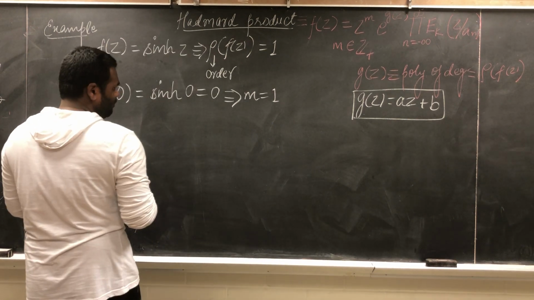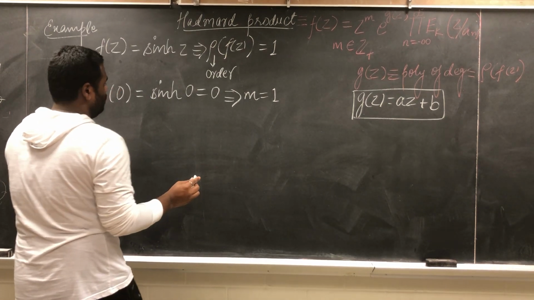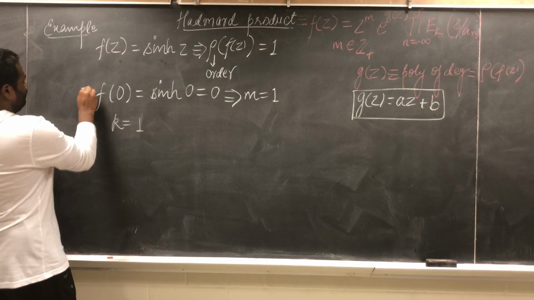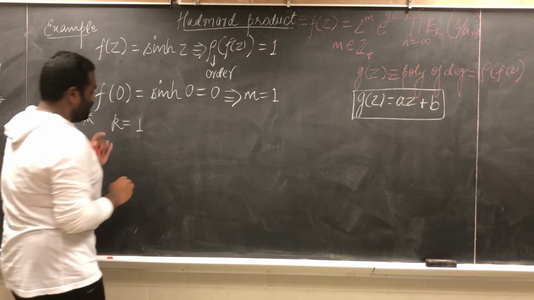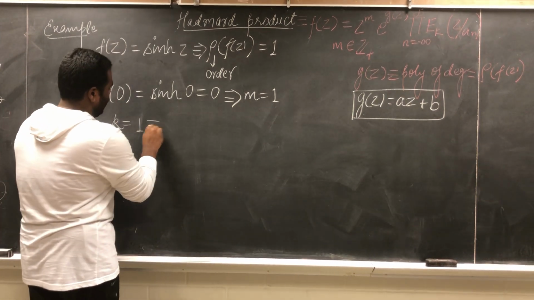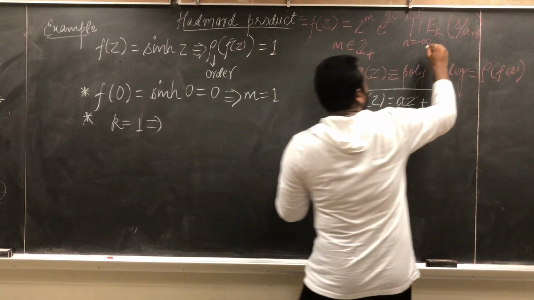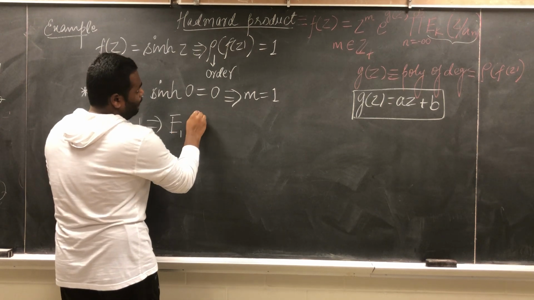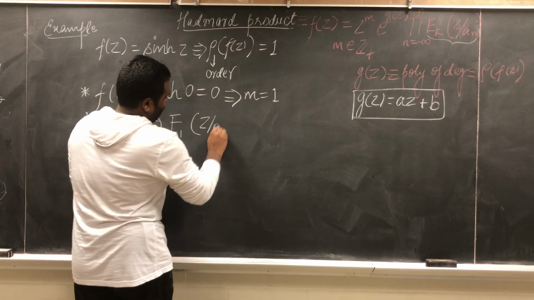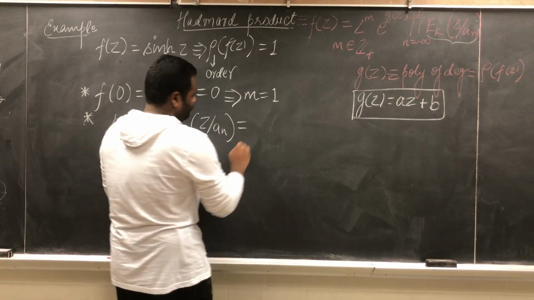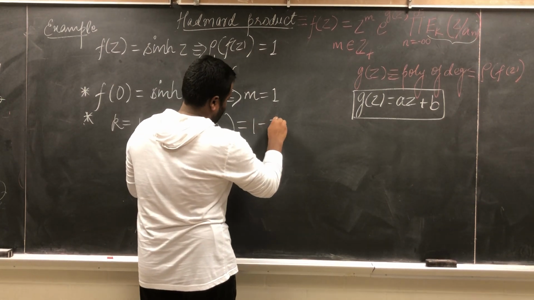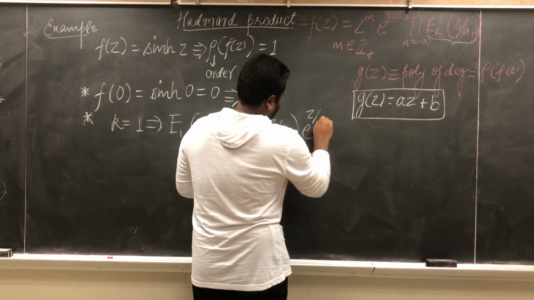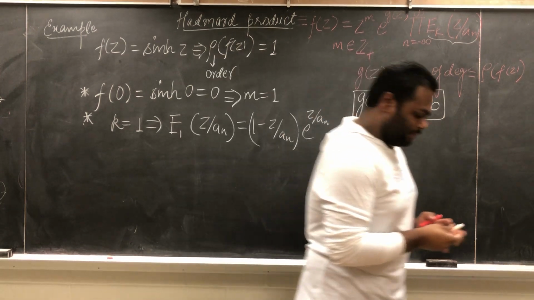Now, again, k is 1 because m is 1, and because k is 1, this implies that the canonical factors would be of this form.